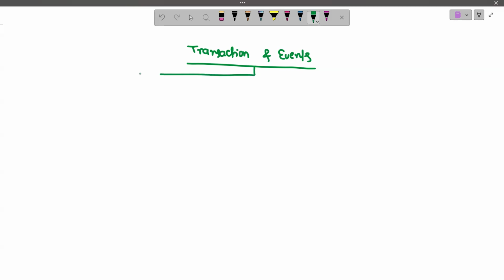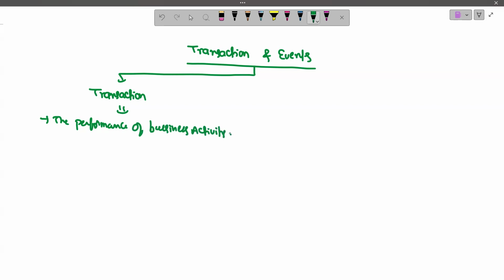First of all, what is meant by transaction? Transaction is nothing but the performance of a business activity.